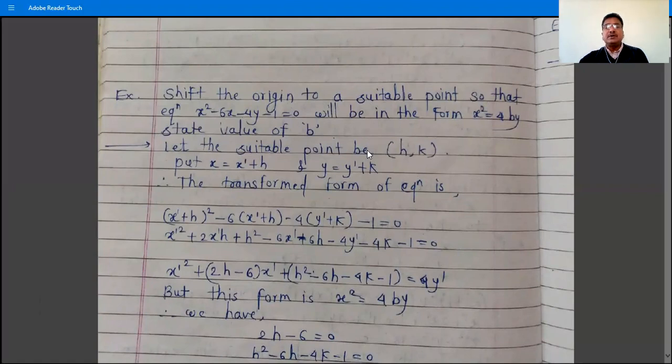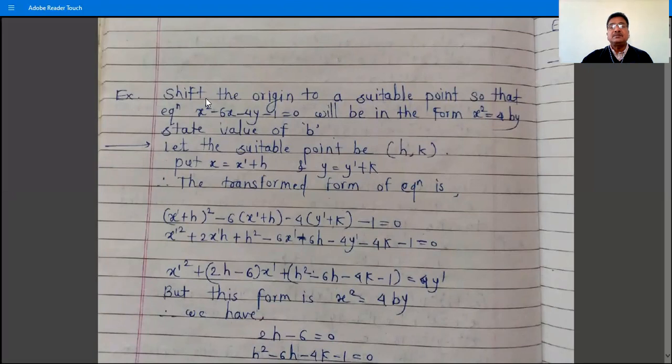Now we have to find the values of h and k. And then if we shift the origin to the new point (h, k), the transformation equations are x = x' + h, y = y' + k.